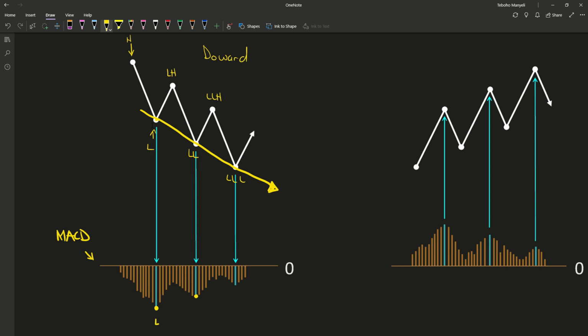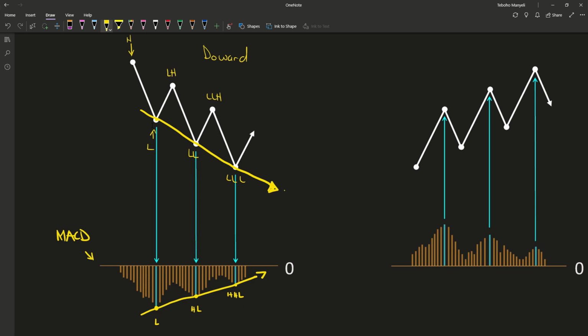So this is the low, this is the higher low. And the third low, which is supposed to be a lower low, becomes a higher low. Alright, so it's literally doing the opposite of what the actual price is doing. So here the MACD is indicating that the market is moving upwards.